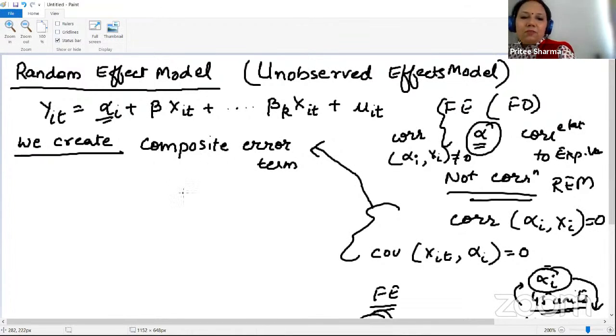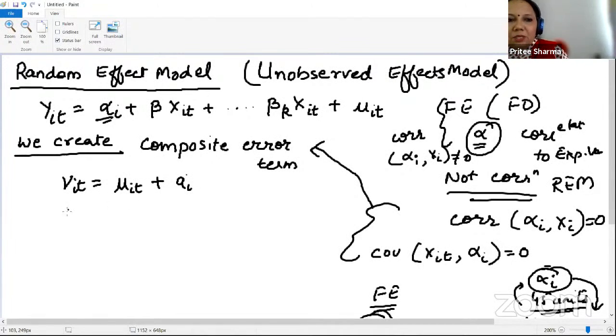So why we were talking about this was that in case of the random effects model, we define a composite error term. That composite error term is given as vit is equal to mu it plus ai, or alpha i. All right.